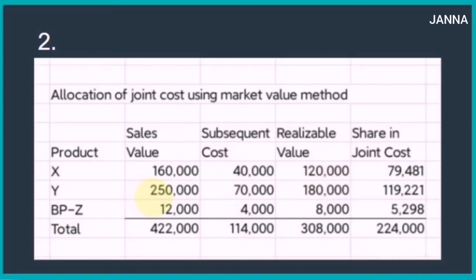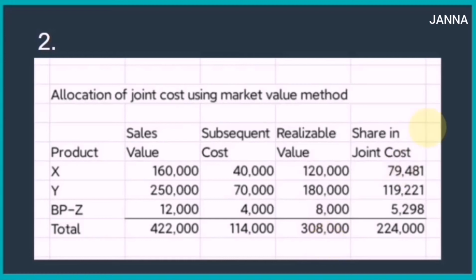For product Y naman, sales value is 250,000 pesos less subsequent cost na 70,000, kaya yung realizable value of product Y is 180,000 pesos. For byproduct Z naman, sales value 12,000 less subsequent cost na 4,000 to arrive with the realizable value of byproduct Z na 8,000. So, the total realizable value or yung sum nito is 308,000 pesos.